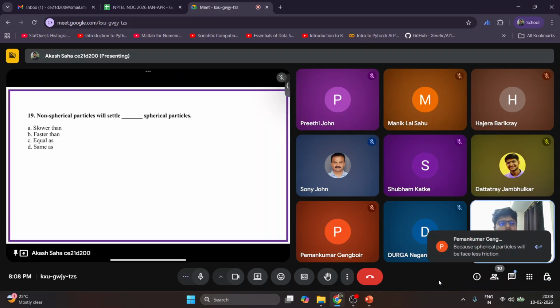So a spherical particle will face lesser drag, or lesser friction, but the ideal term is drag. So a lesser drag force will be there, a smaller coefficient of drag, right? So that's why a non-spherical particle will settle slower than the spherical particle.